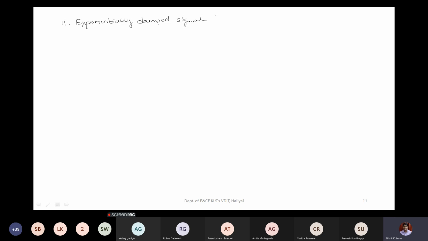Damping means what? So if you have the signal like this, what we called earlier exponentially decaying signal, right? Similarly, if you have a bunch of signals like this everywhere, these are going to give you exponentially damping signal.